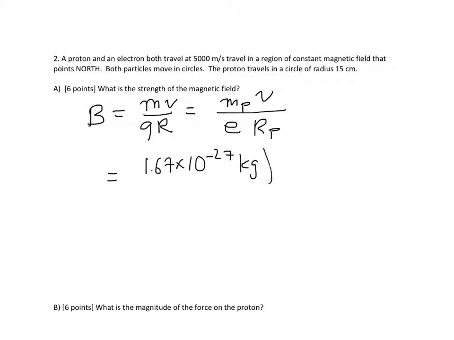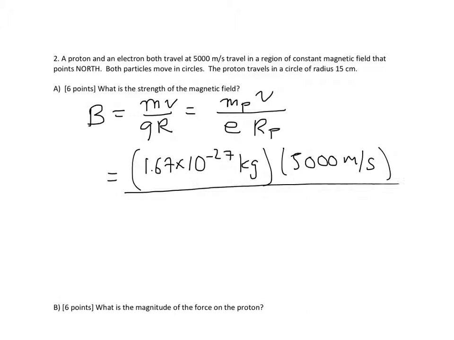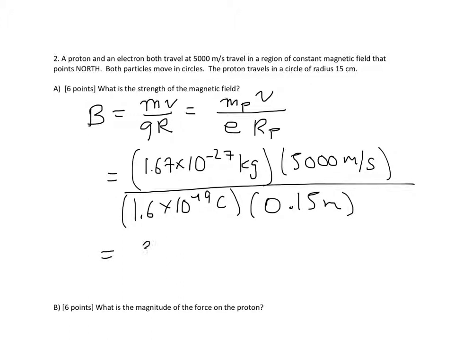So we use the mass of the proton, the given velocity, the charge on the proton, and the given radius, and that turns out to be this value right here, which is about 350 microtesla.